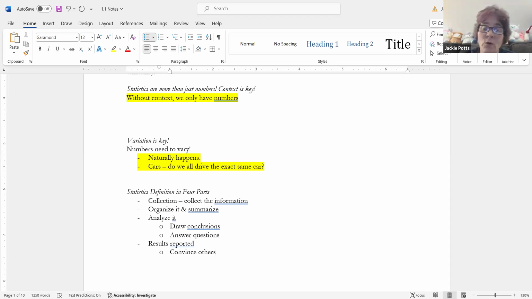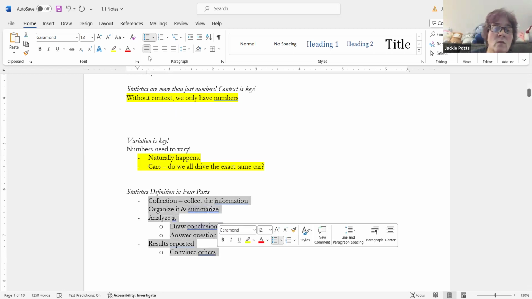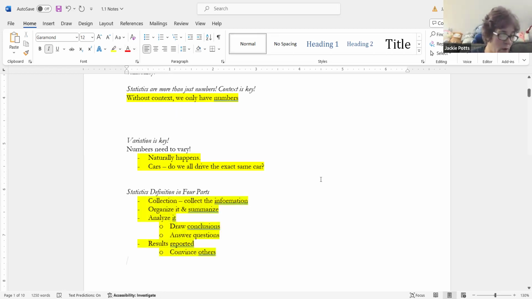So step 4 is results reported. That's where we draw up the big paper. And part of the reason why we write that paper is we want to convince people that what we found is important. All right. So there's the 4 steps spelled out for you.